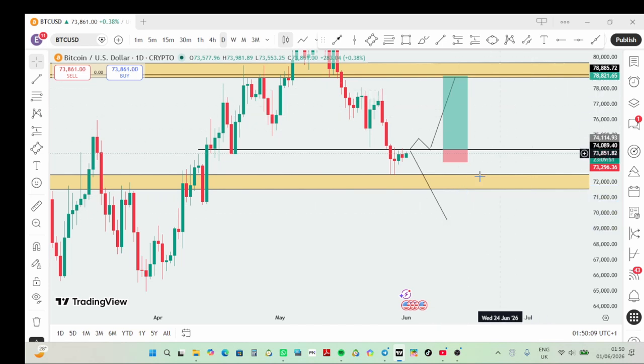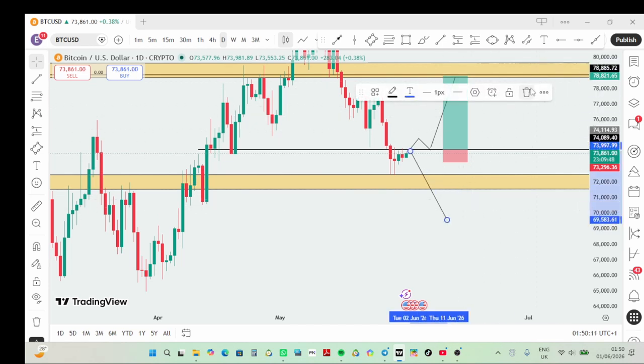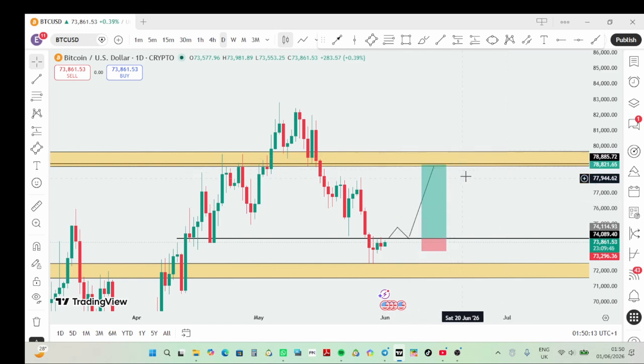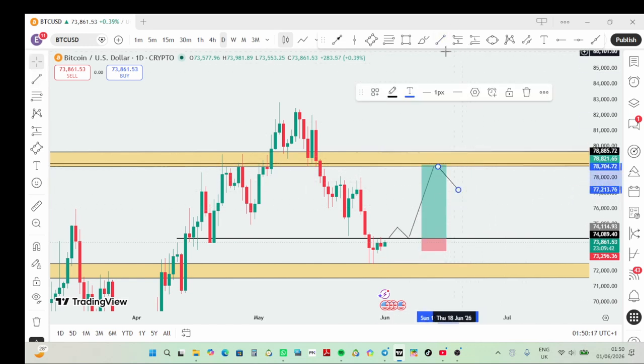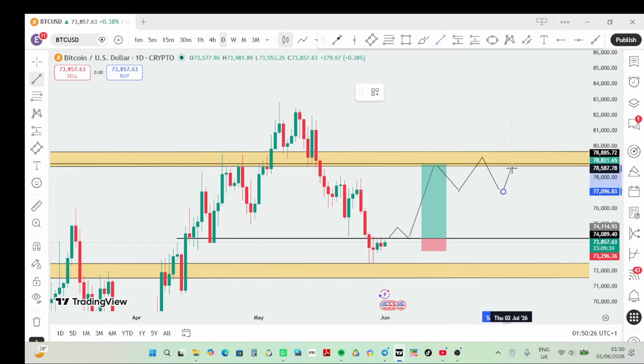Then if the market gets to that level, this weekly rejection point, and I then see a change of character, the market coming down, then I will be looking for a sell from there. But for now, I'm more bullish to the upside.